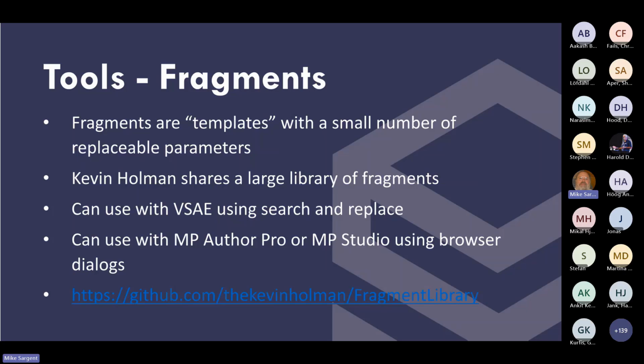So for instance, if you needed to specify the name of a service that you want to monitor, instead of having to type in the often internal name, which is different than the one you see in the services control applet, you can just click a button. It brings up a dialog with a list of the services, both the internal and the external names. You can even use a filter control to find what you want very quickly. And again, you don't need to type anything. You don't need to possibly make a mistake there. The link below is Kevin Holman's freely available fragment library.